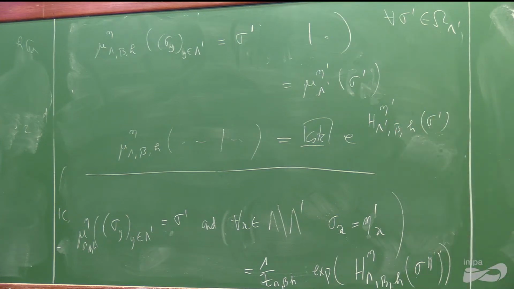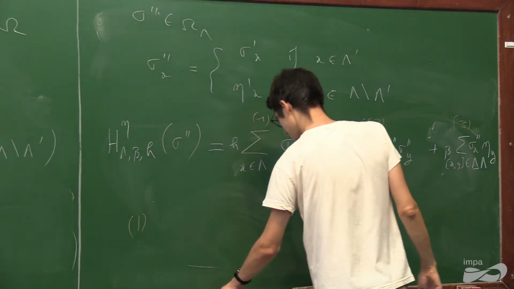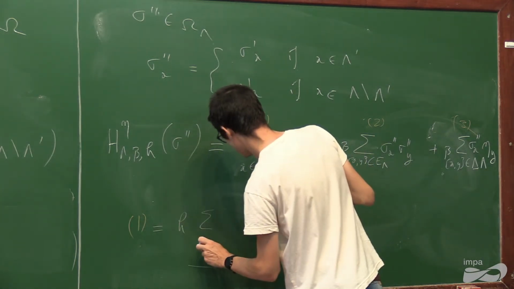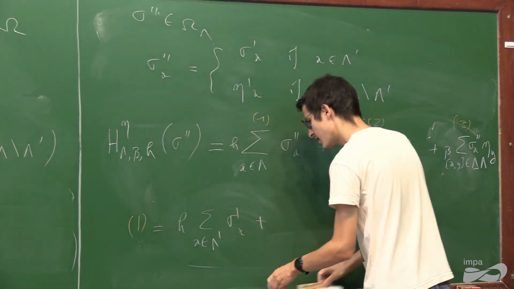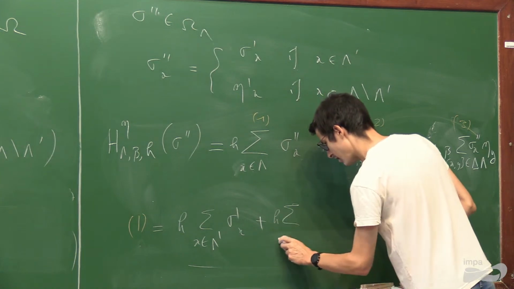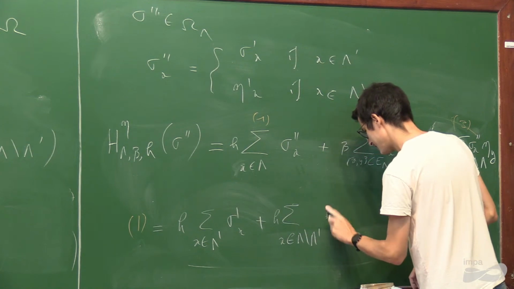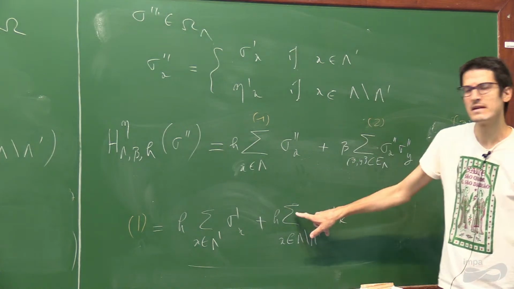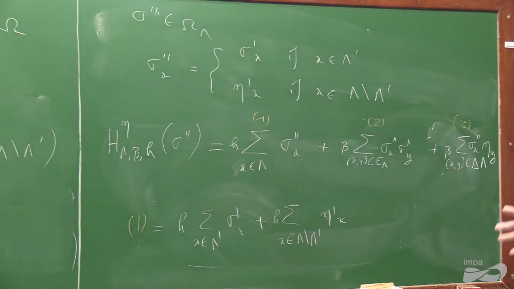If you look at 1, this is just equal to h times the sum over x in lambda prime of sigma prime of x, plus the sum over x in lambda minus lambda prime of eta prime of x. This second part does not depend on sigma prime, and the first part is exactly what I want. So the external magnetic field part is done.